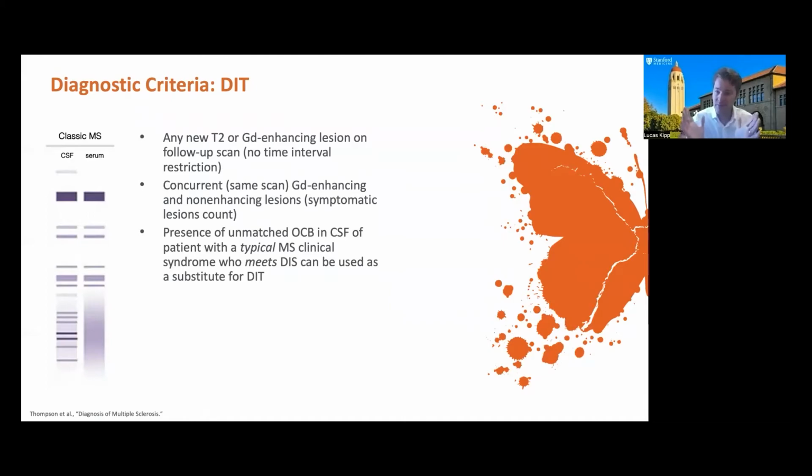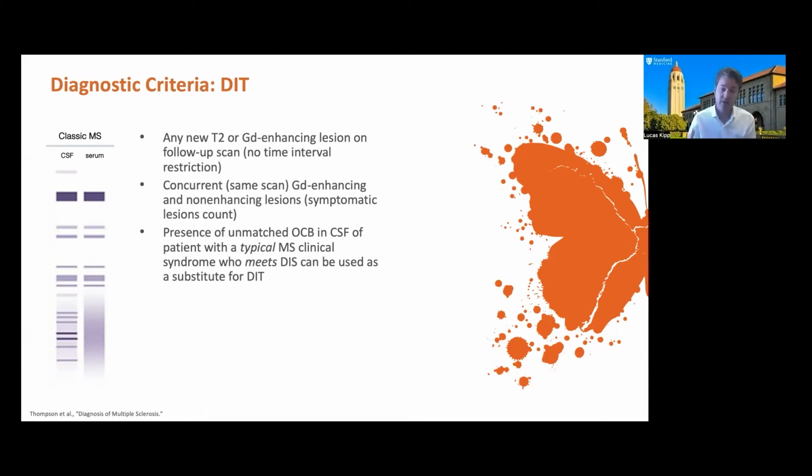But that blood-brain barrier closes up and that gadolinium goes away after about a month or so. And so if you've got a mix of lesions that are gadolinium enhancing, but then you've got some that aren't gadolinium enhancing, you know they must have occurred at 2 different time points. And so that's another way, on a single MRI scan, if you've got a mix of enhancing and non-enhancing lesions, that also satisfies our dissemination in time criteria because you know they showed up at 2 different times.